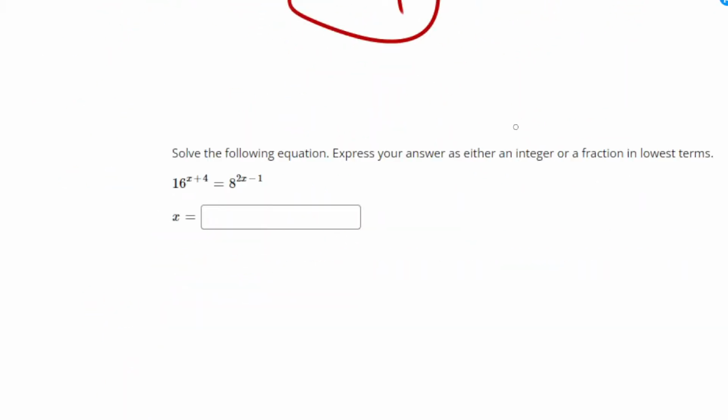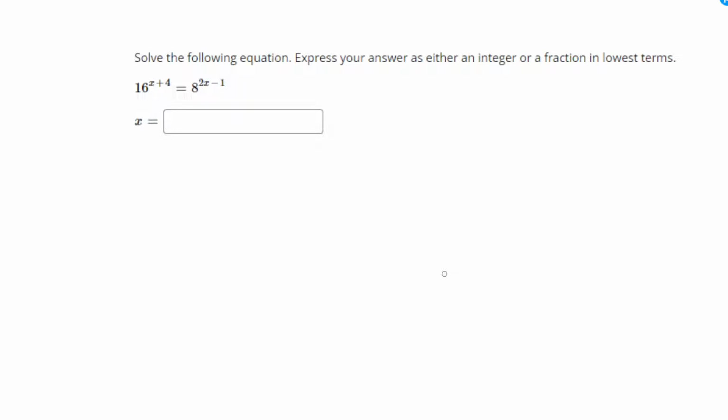x equals negative 1/4. Next: solve the following equation. Express your answer as either an integer or a fraction in lowest terms. This is where what I discussed in the last problem comes in handy. We know that both 16 and 8 can be achieved with a base of 2. 16 is the same as 2 to the 4th, right?